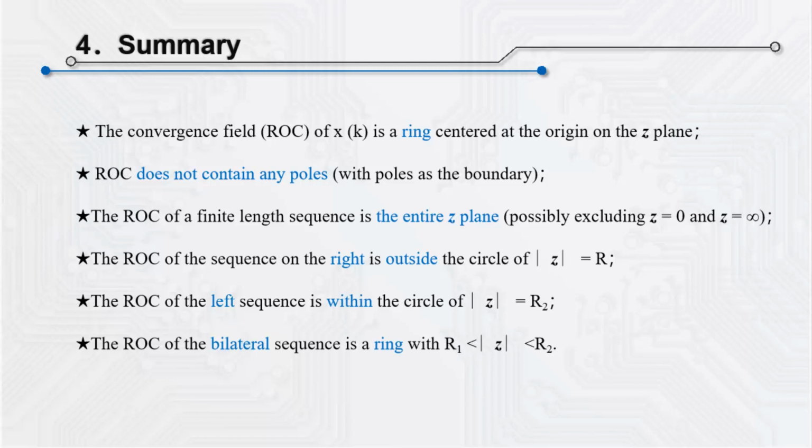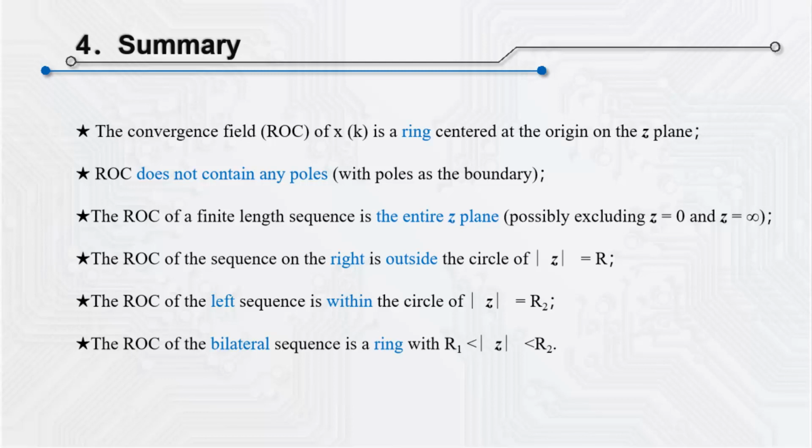According to the above four situations, we summarize the problem of the Z transformation convergence domain accordingly. Generally speaking, the convergence domain for the Z transform corresponds to an annular area centered on the origin in the Z-plane.